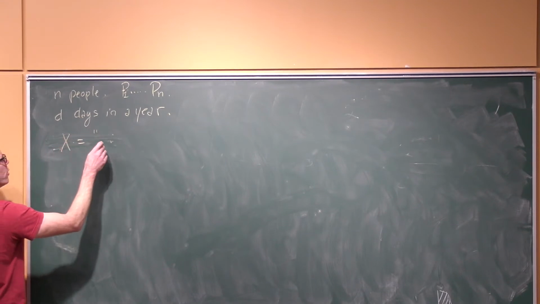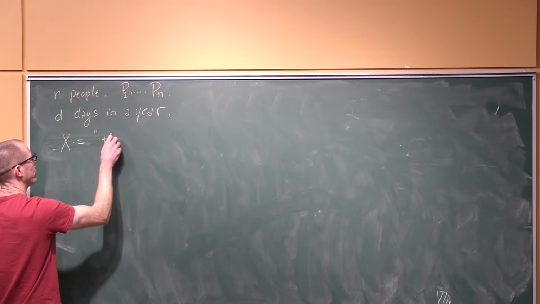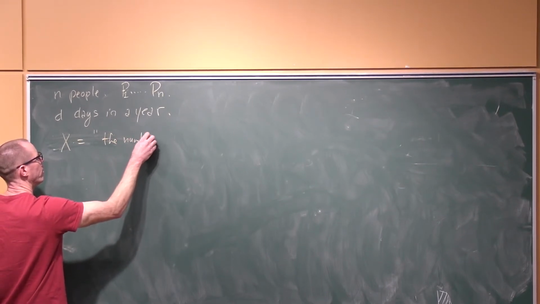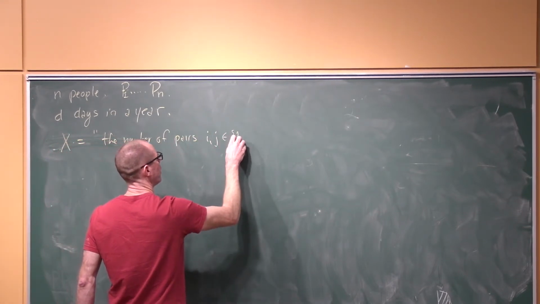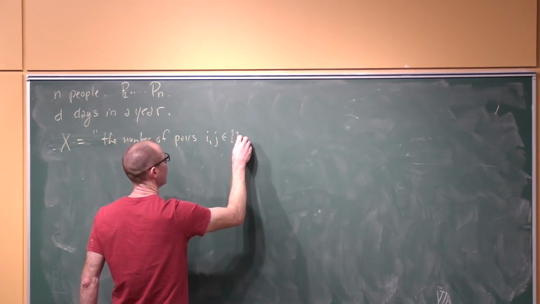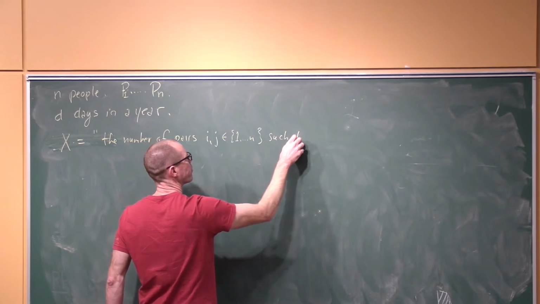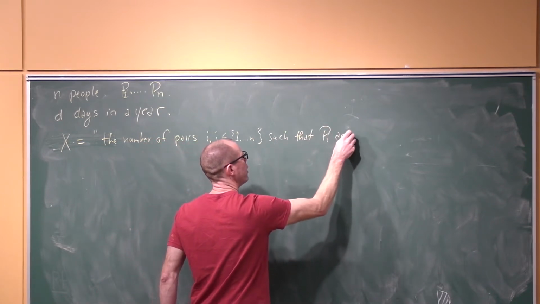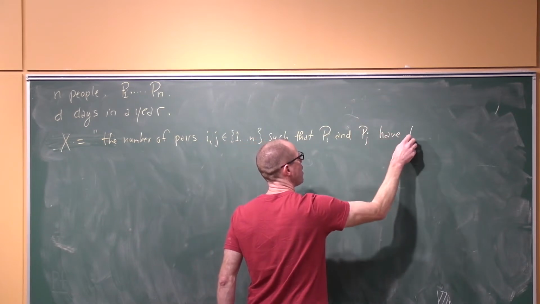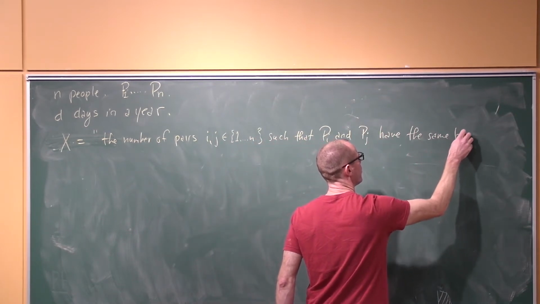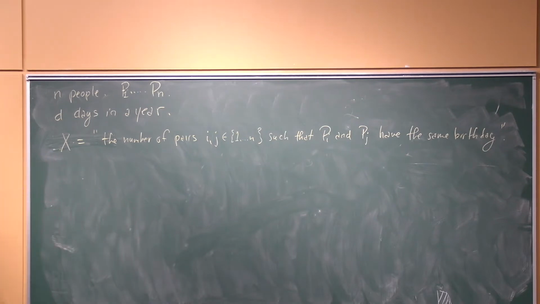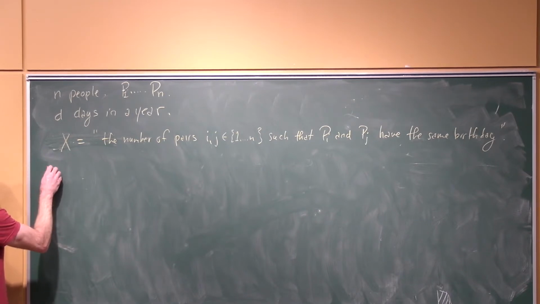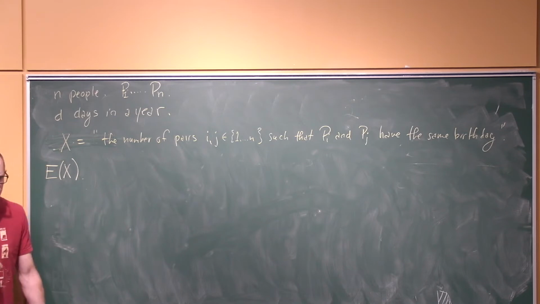X is equal to the number of pairs ij in 1 through n such that pi and pj have the same birthday. Now I'm going to ask you about the expected value of X.